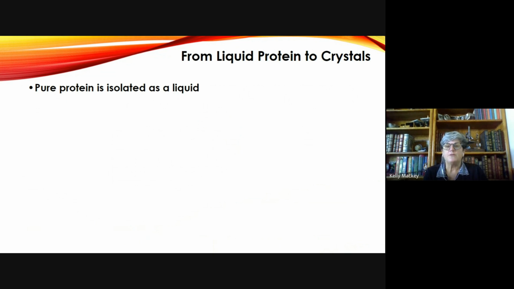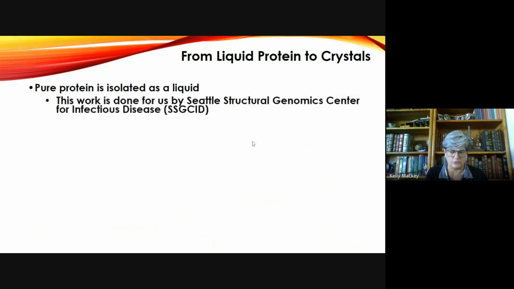The pure protein gets isolated as a liquid from a bunch of different organisms, but for our purposes, almost always from some sort of bacteria. It can be from a whole bunch of things, including humans and chickens. The work is done for us. Getting that pure protein is done for us by SSGCID, the Seattle Structural Genomics Center for Infectious Disease, which is why all of our proteins do play a role in some form of infectious disease.